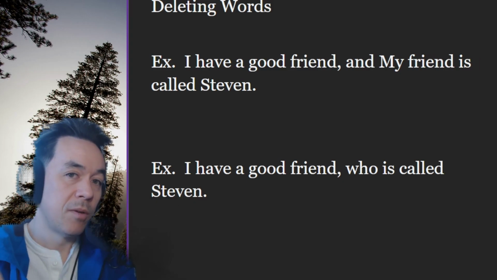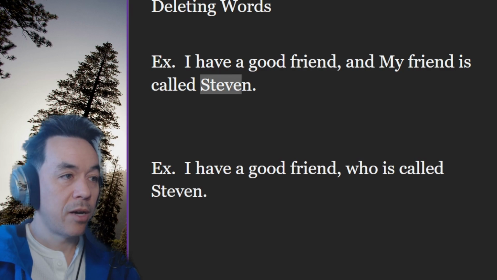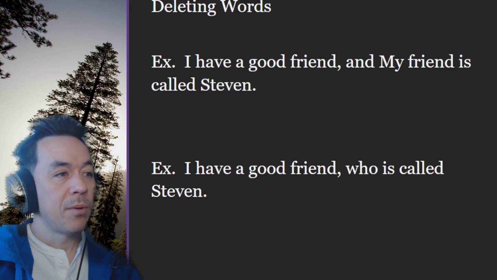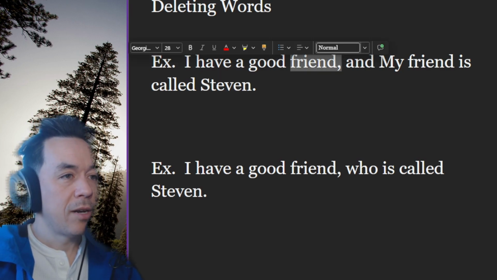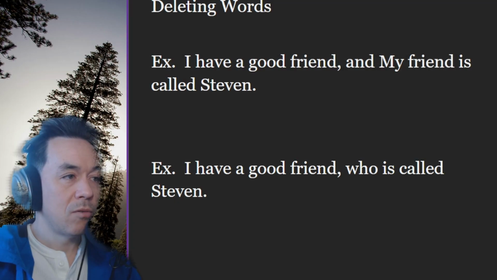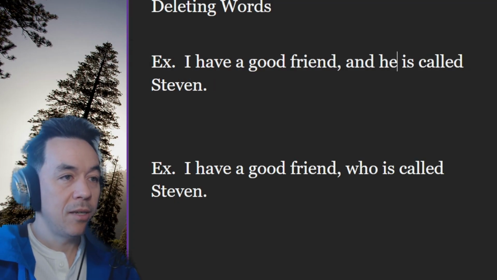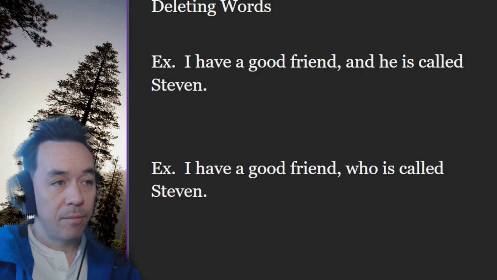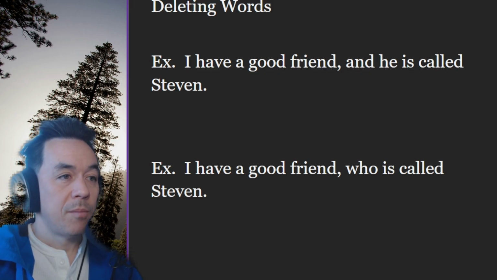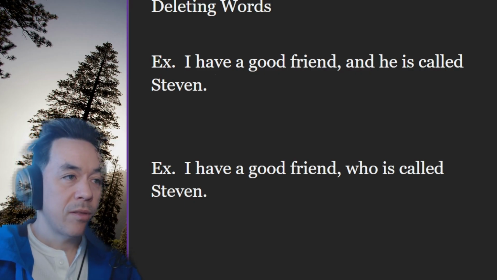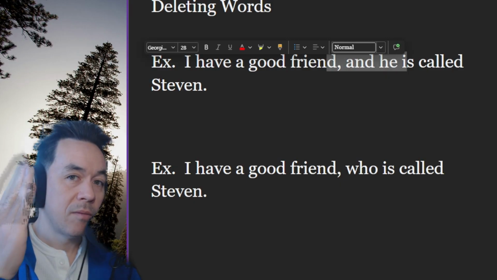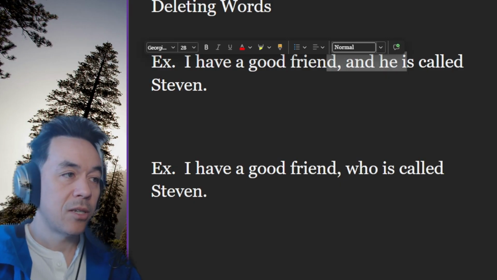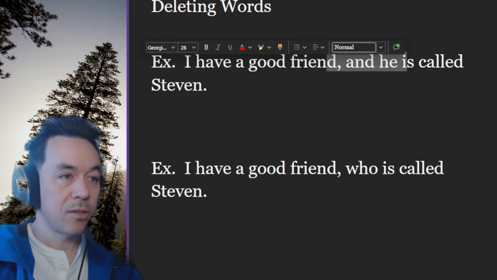So the rhythm is more driving toward this final word, Stephen. But here we have my friend. We don't need both. So we can cut my friend, and he is called Stephen, right? But even this would be a little bit of timing slowdown or hesitation. I have a good friend, and he is called Stephen.